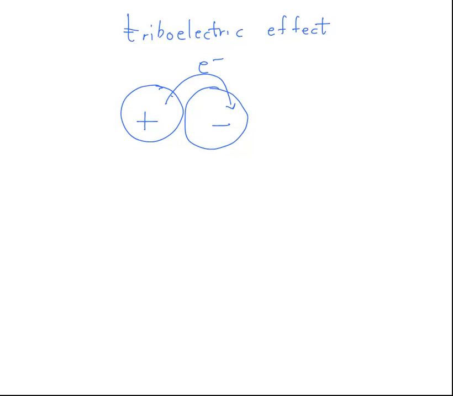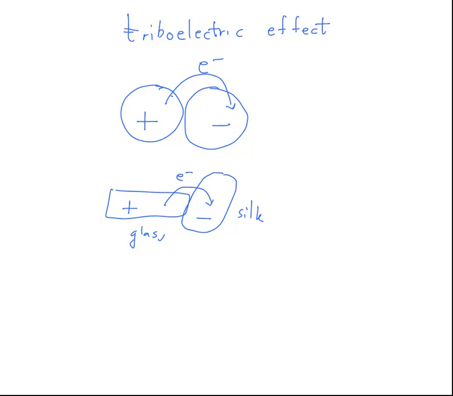A common example of this is when you take a glass rod and you rub it with a silk cloth. You will find that the glass rod gives electrons to the silk cloth, making the rod positive and the cloth negative. This is called the triboelectric effect.